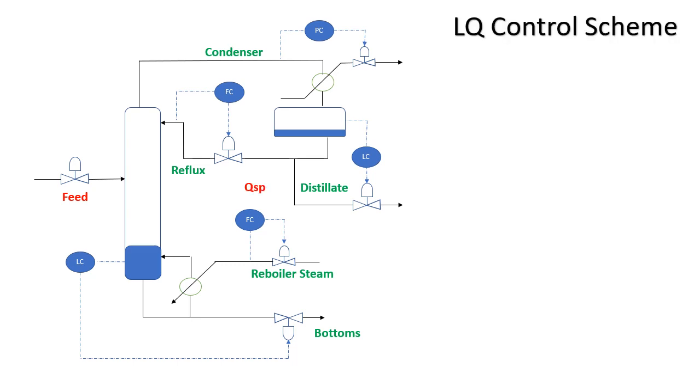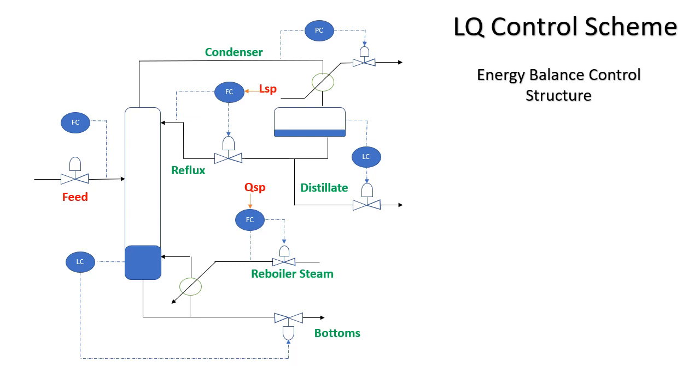In some cases, this kind of control scheme is known as the LQ control. LQ is because we are giving a set point to the Q, which is the steam, and also we can give the set point to the reflux rate. So that is the L. So that's why this control structure is known as the LQ structure.